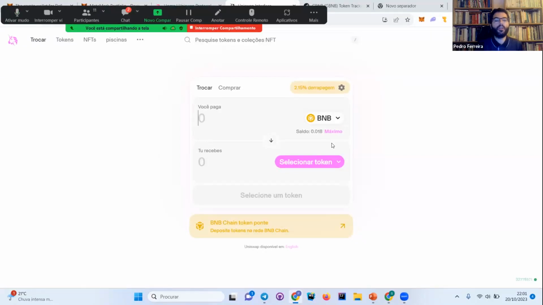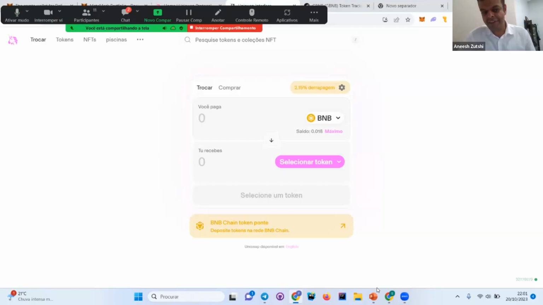Basically, as I showed in the historical context, when Ethereum allowed programming on the chain, that is when DeFi appeared, technically speaking. And the majority of the platforms only interact with EVM chains. There are other chains, but the majority of them are EVM.